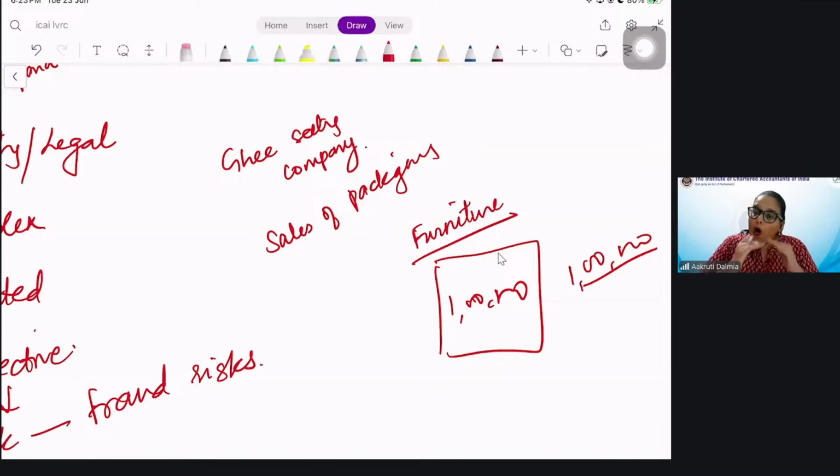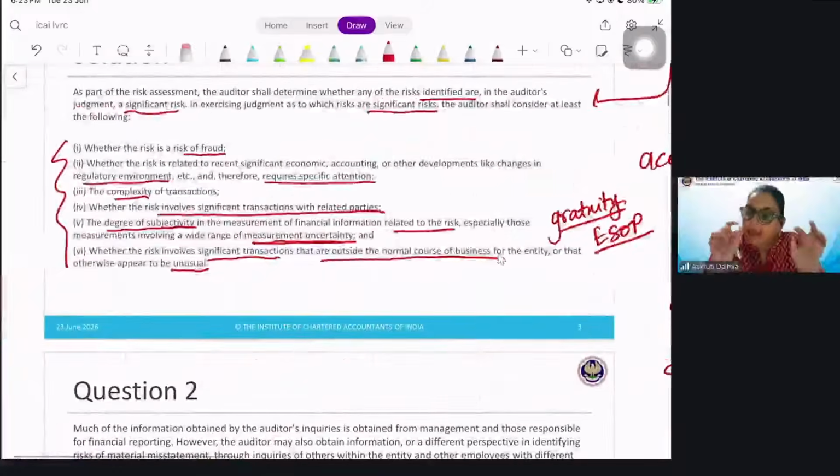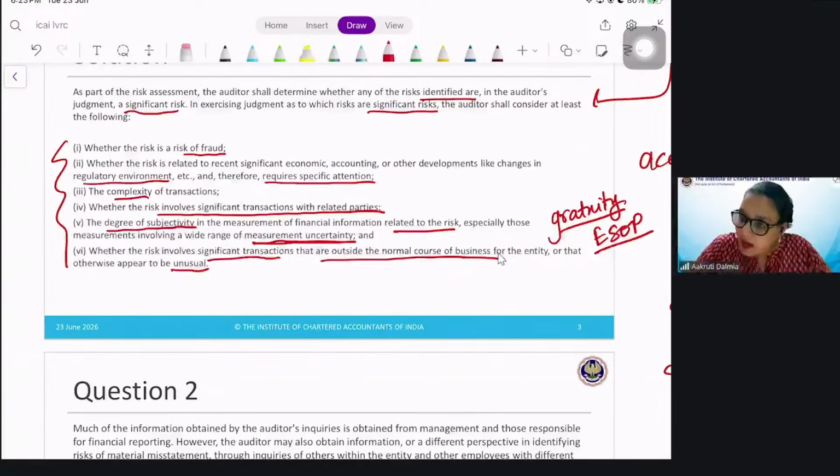Okay, so all these points create an uncertainty about how you measure it. So जहां पे भी estimation based accounting है, okay, Sumedh, wherever there is estimation, assumption based accounting calculation done, in those cases, the risk is automatically high and the auditor has to pay more attention to how the company arrived at the number.